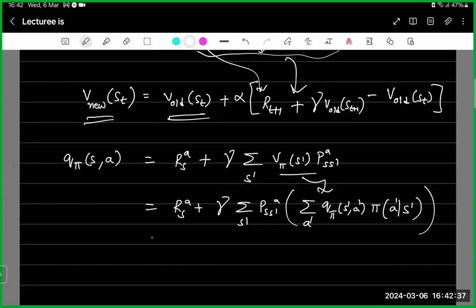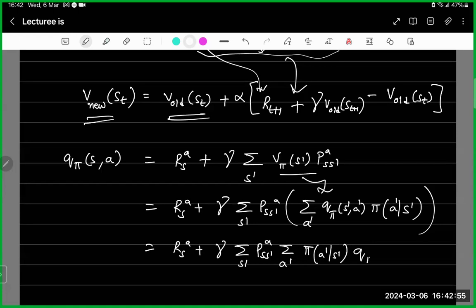Okay, so this is R(S,A) plus gamma times sum over S dash of P(S, S dash, A) sum over A dash of pi of A dash given S dash into Q pi of S dash, A dash.